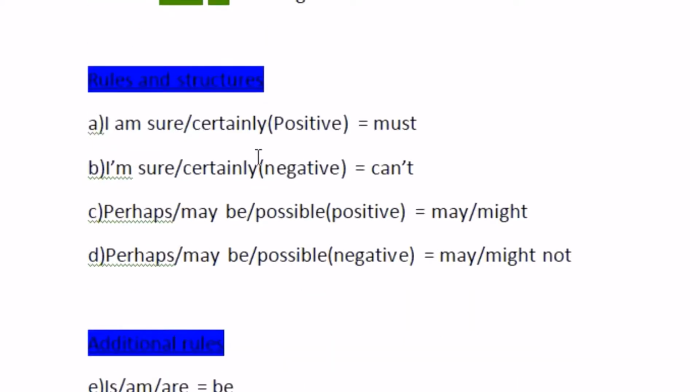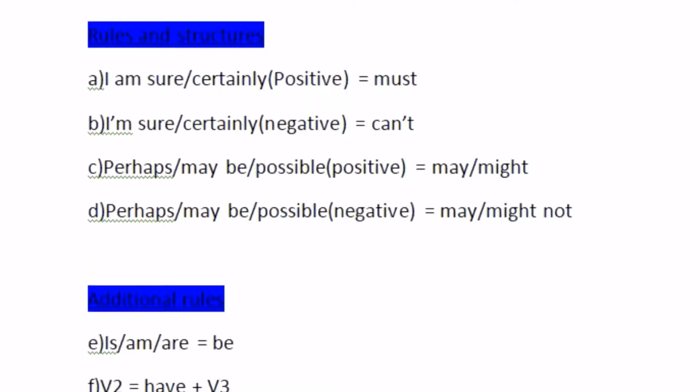If you see the use of is, am, are in the sentence after I'm sure, perhaps, maybe, possible, please use be in the answer there. And if you see verb to, any kind of verb, please use have plus verb 3 in the answer there.